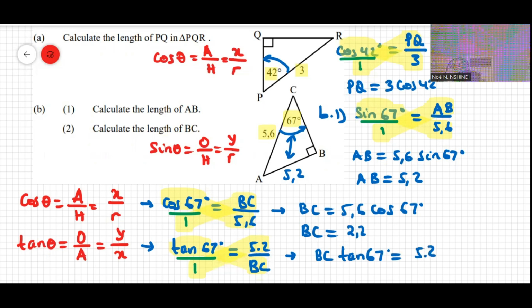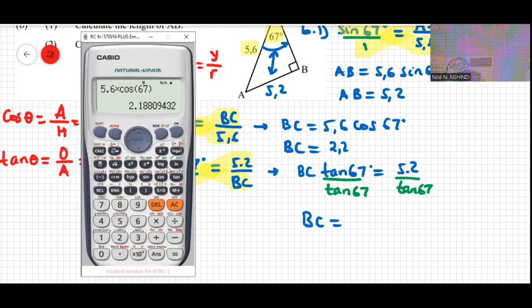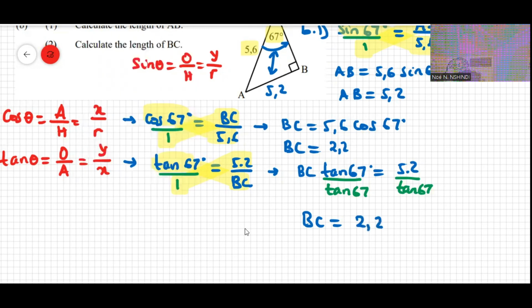Then we can divide by tan of 67 degrees. That makes BC equal to, we can use the calculator over here, 5.2 over tan of 67, and it is equal to 2.2.